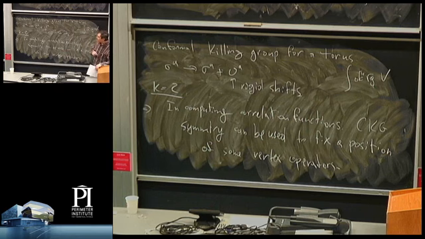We have to choose a corresponding orbit which intersects each gauge slice once. So in the case of a torus, we have k equals 2, so we have two parameters.